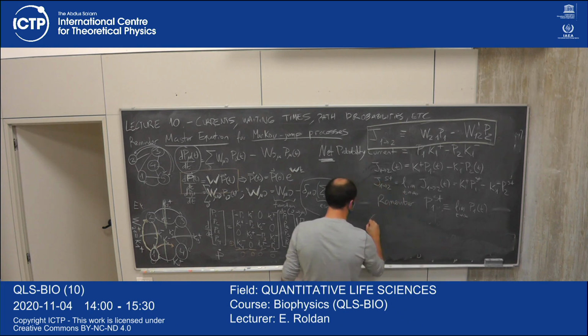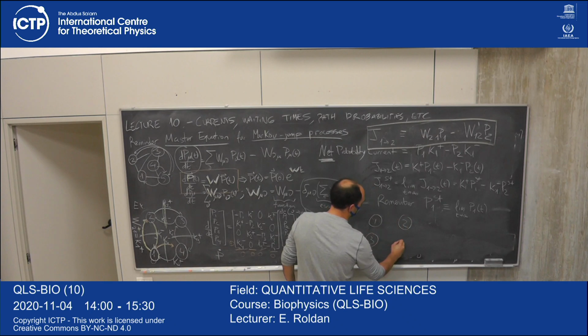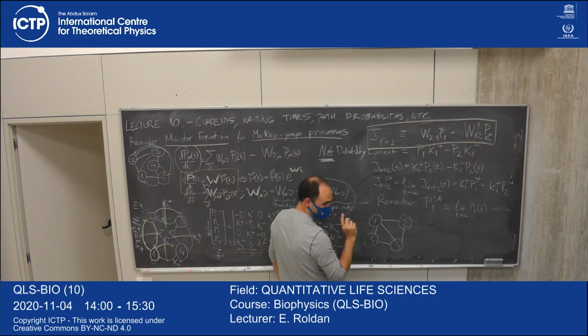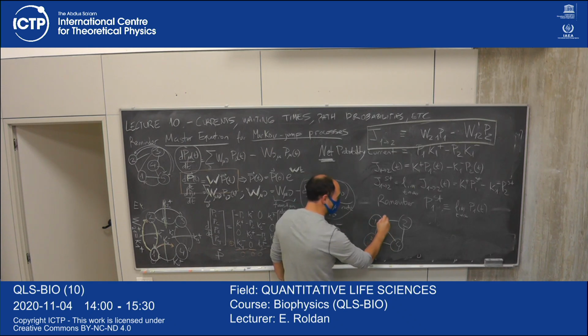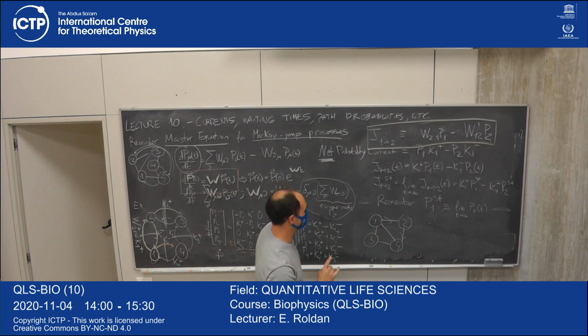Imagine you have this network. You can have this, for example. In this case, you could define J 1 to 4 and 4 to 1. But if you do like this and like this, this is not a current, this is something else. Current is defined between 2 states.